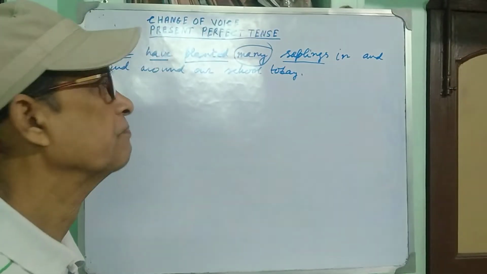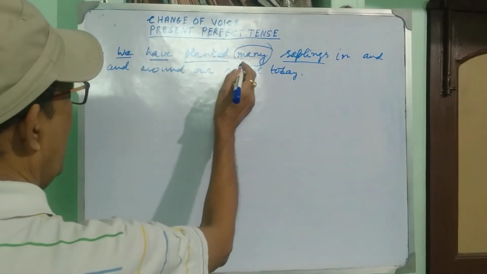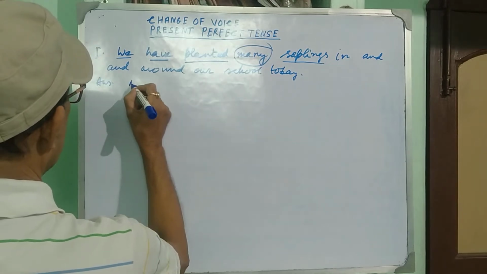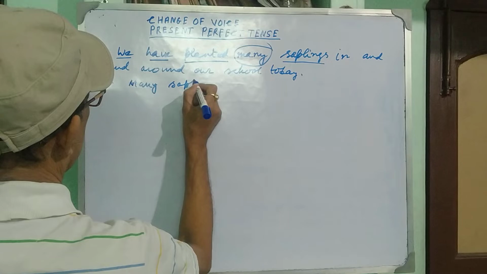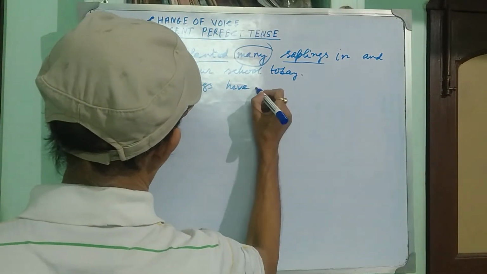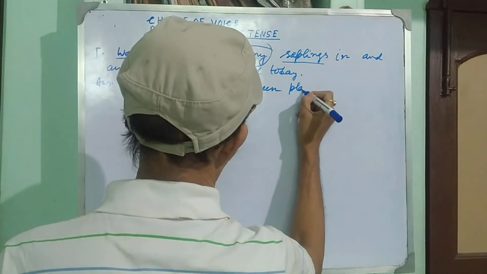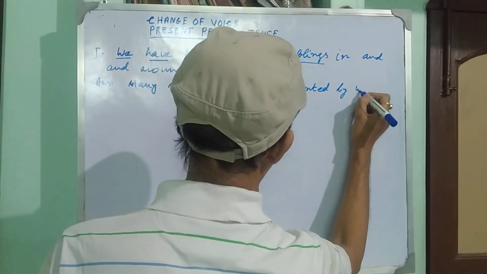Now let us catch this object and the determiner. Answer: many saplings have been planted by us.